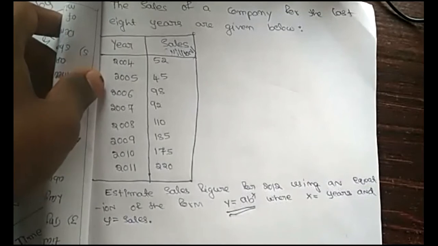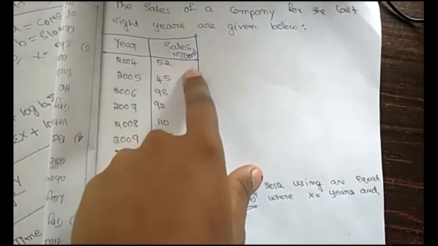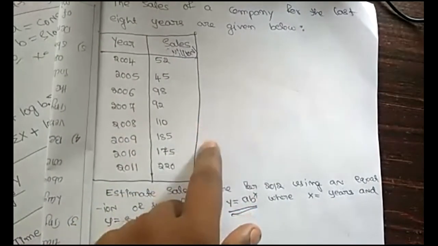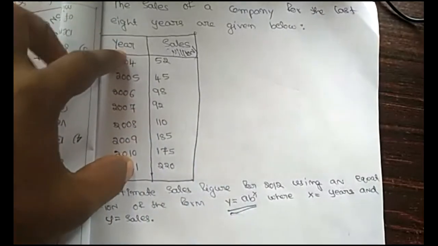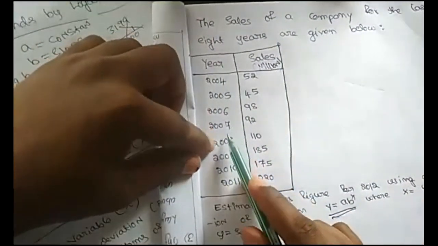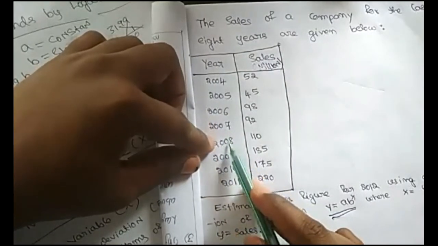Either we can take the first year as the origin year, 0, 1, 2, 3, 4, 5, 6, 7, like that. Or, as I said in the last class, we can take the middle year, between 2007 and 2008, which are considered the middle years.